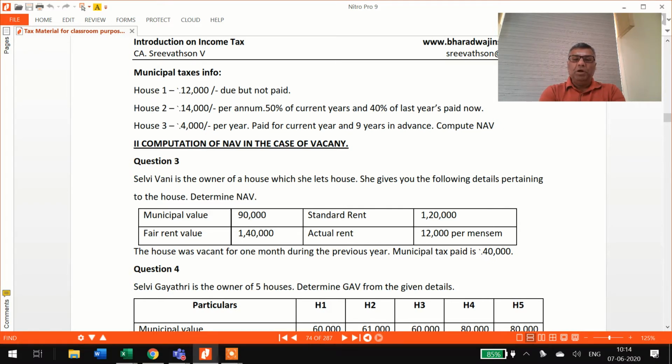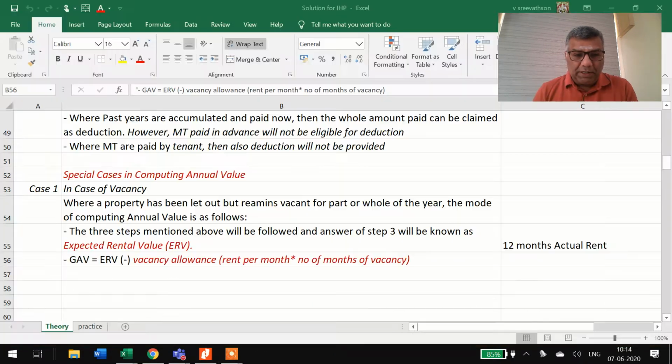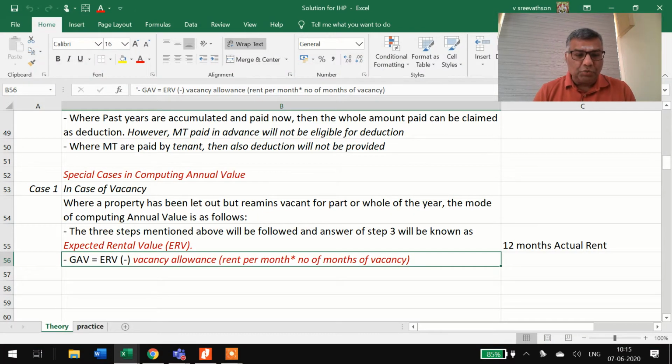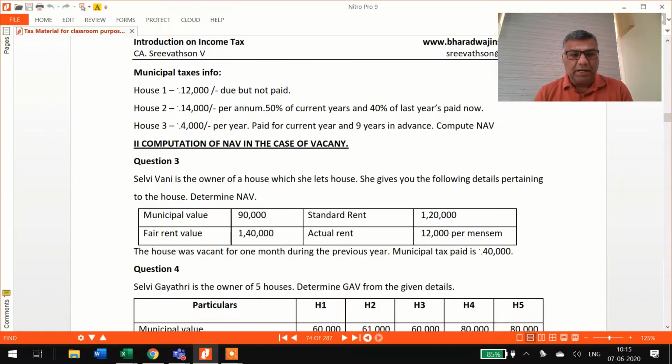Municipal value, fair rental value, standard rent, actual rent 12,000 per month, which means for 12 months write 1,44,000. The house was vacant for 1 month during the previous year, and the municipal taxes paid is 40,000.